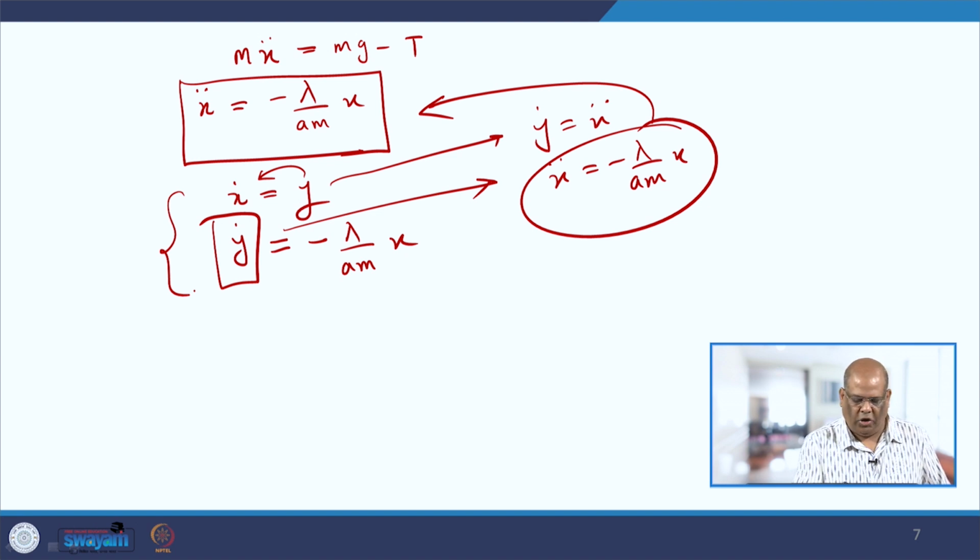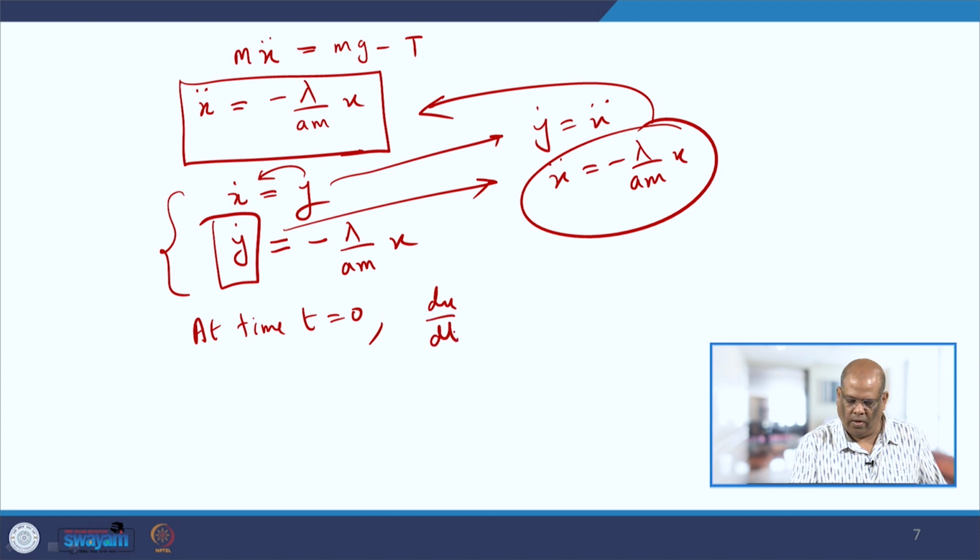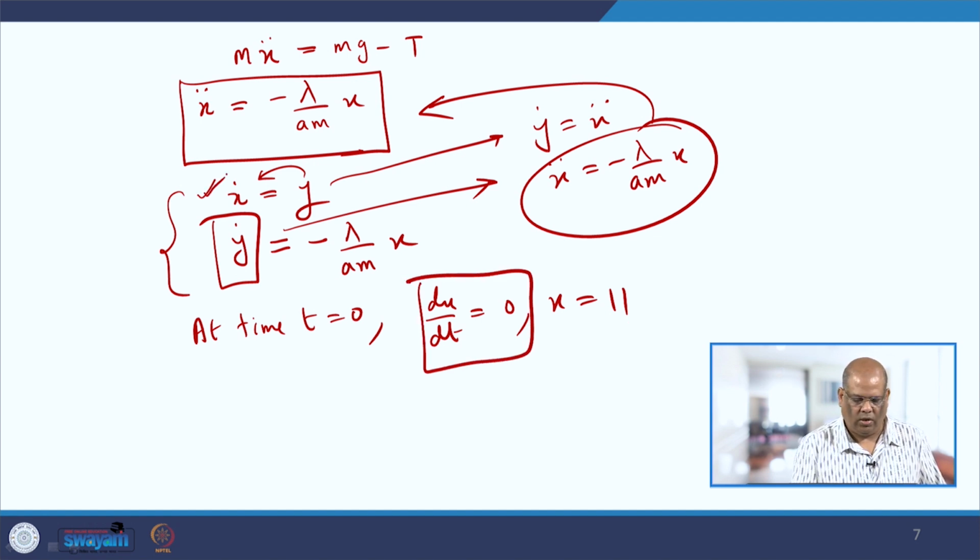And I need an initial condition. So, I take, say, at time t equal to 0, dx dt is equal to 0 and x equal to, say, 11. When I say dx dt, which is x dot, the value of y is 0.